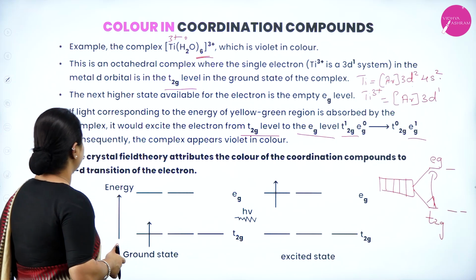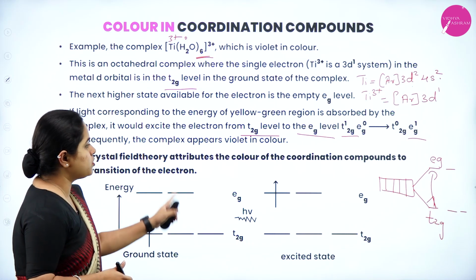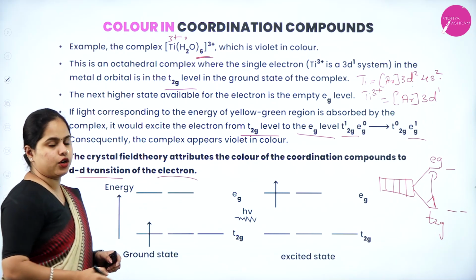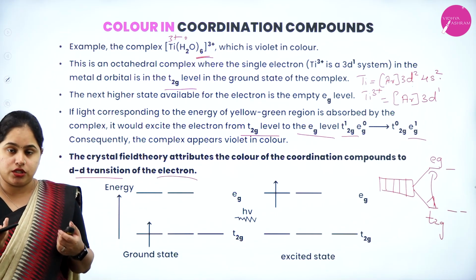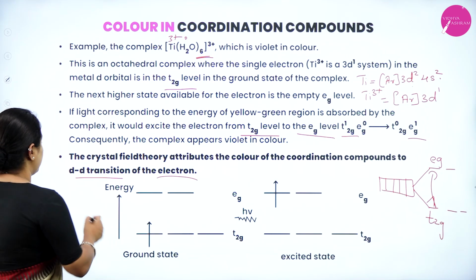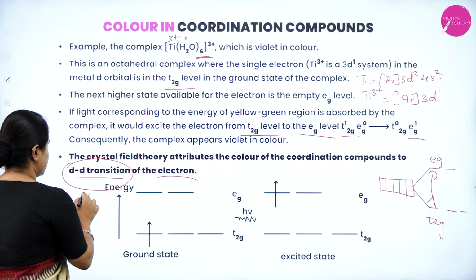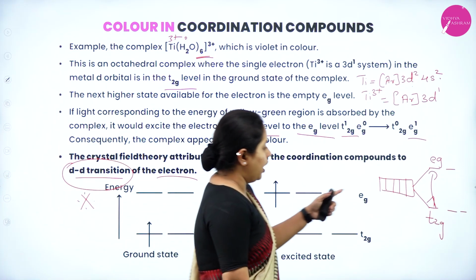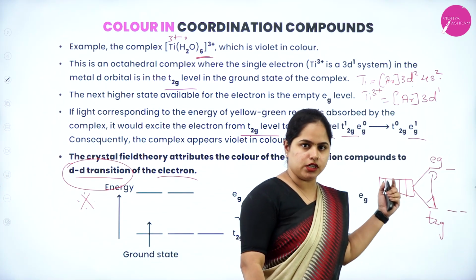So the crystal field theory attributes the color of the coordination compound to the d-d transition of the electron. Why are coordination compounds generally colored? It is because of the d-d transition. This is very important. That means all these are d orbitals only, right?